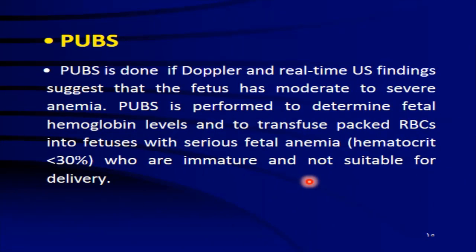Also, we can do percutaneous umbilical blood sampling, which is done if Doppler and real-time ultrasound findings suggest that the fetus has moderate to severe anemia. Percutaneous umbilical blood sampling is performed to determine fetal hemoglobin level and to transfuse packed RBCs into a fetus with serious fetal anemia, hematocrit less than 30%, who is immature and not suitable for delivery.